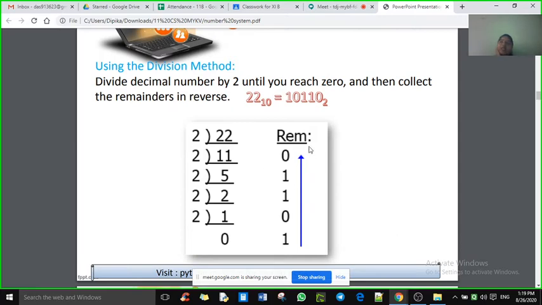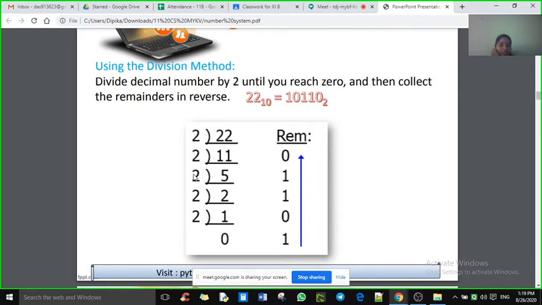Don't tell me now, I am supposed to teach you division. Ma'am, the result will be 11 and the remainder will be 0. Yes, correct. Now Aisha, you are dividing 11 by 2. What will be the result? Ma'am, 5. And the remainder is 1.